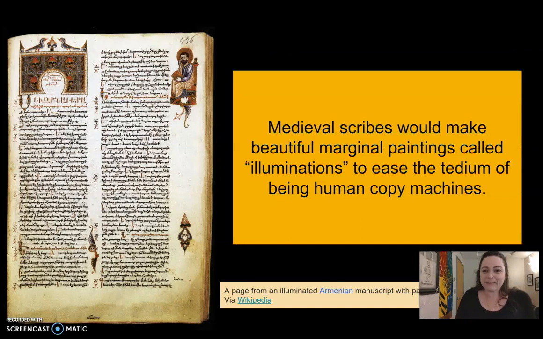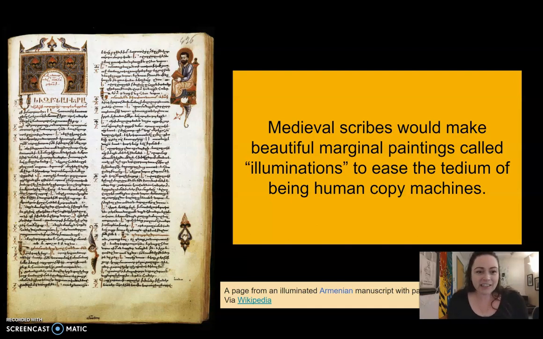Sometimes medieval scribes, as they were working on making copies of texts, would make what were called illuminations. Partially just to beautify the page, but also to ease the tedium of being human copy machines.